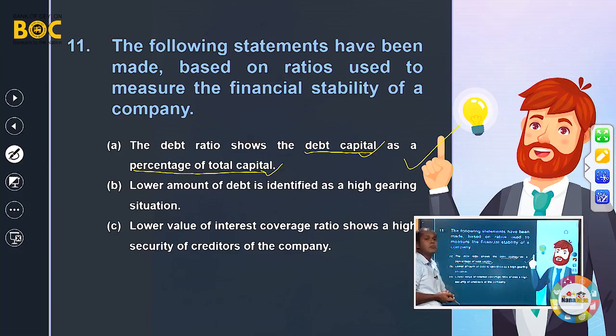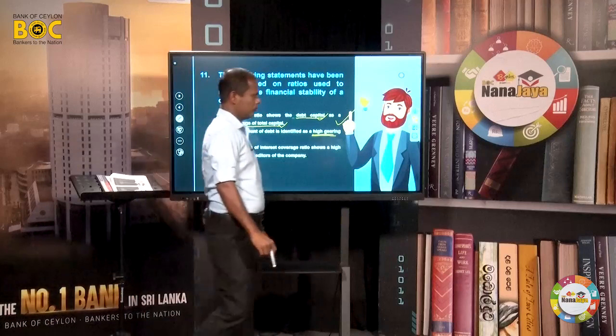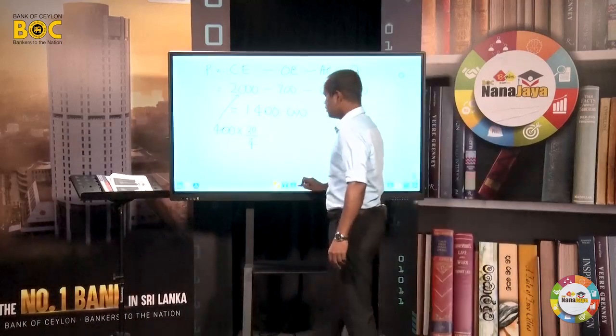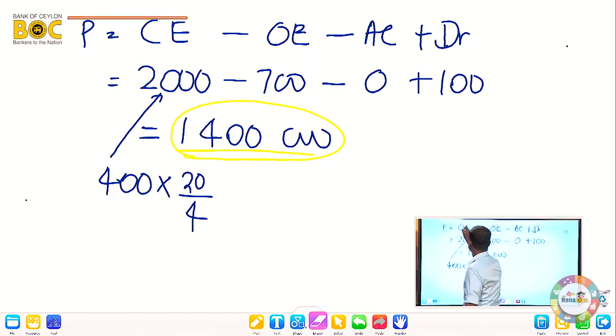Statement B: a lower amount of debt is identified as high gearing. So what do you mean by the gearing of a company?